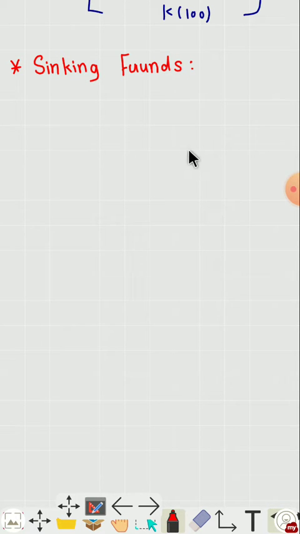Such a collection is called a sinking fund. Thus, a sinking fund is an interest earning fund in which equal deposits are made at equal intervals of time.